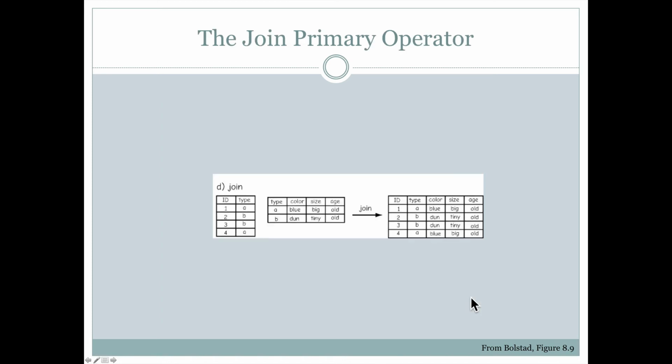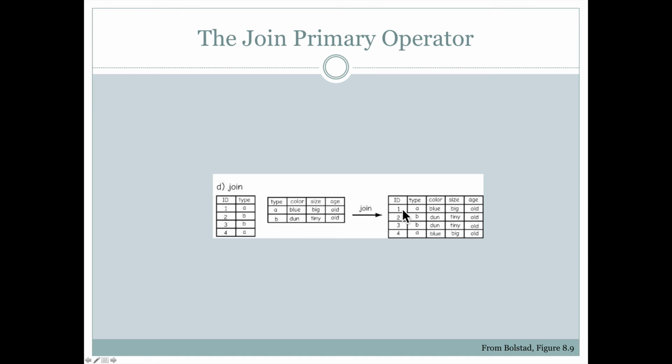From an IT standpoint, there's all sorts of primary operators that can be used with relational databases, but by far the most common one that we use in GIS is the join. And once again, that's exactly how we just showed it. A smaller example here, where in this case we're joining by type, so that everything that has a type A would in the join database get blue, big, and old for their color, size, and age.